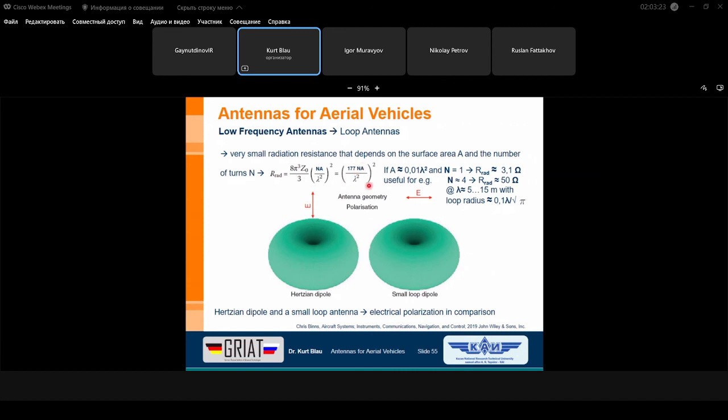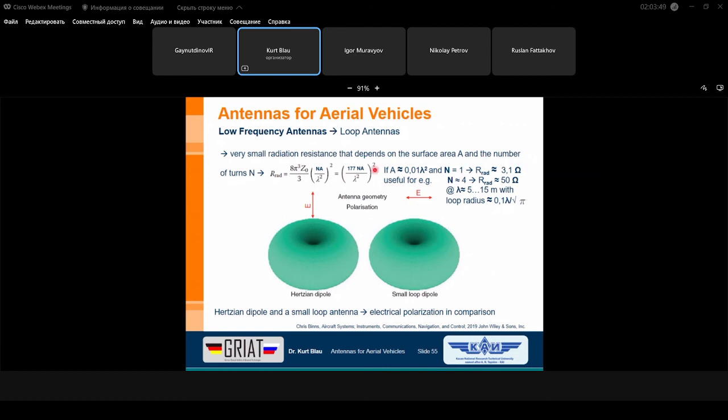And now this is my example. If the area of the loop is given by 1% of the wavelength squared, it's clear that's the area of the loop, 1% of the wavelength squared, and the number of turns is only 1, then we can already achieve a radiation resistance of about 3.1 ohm.